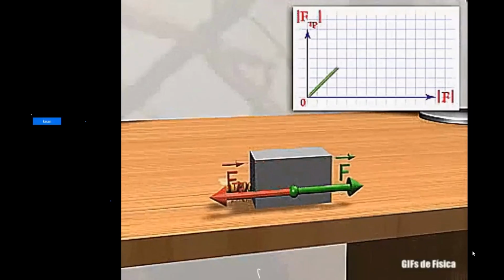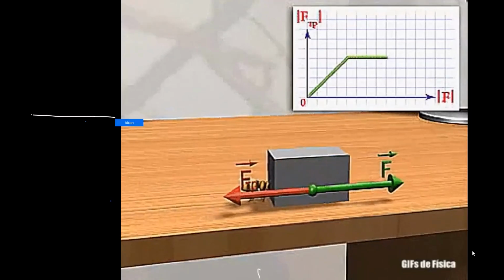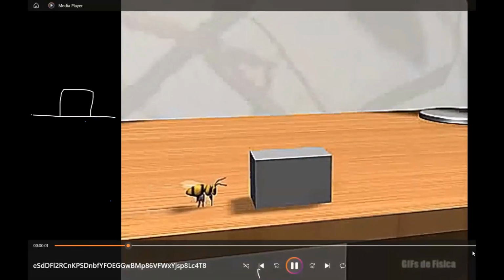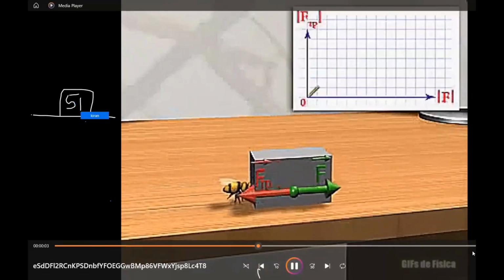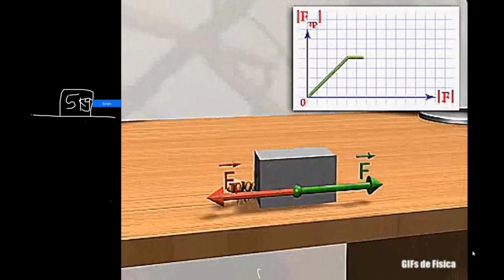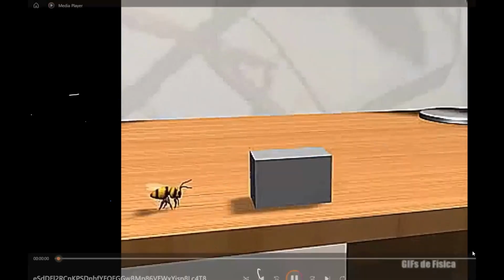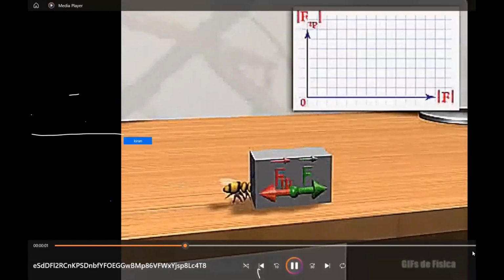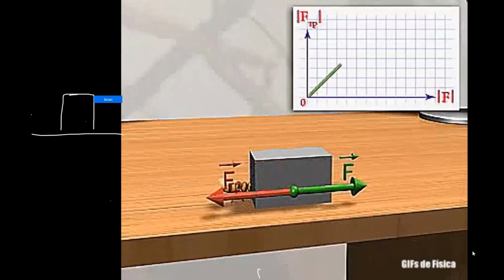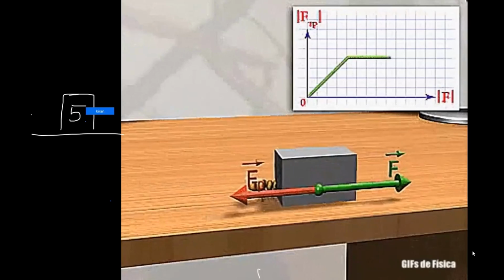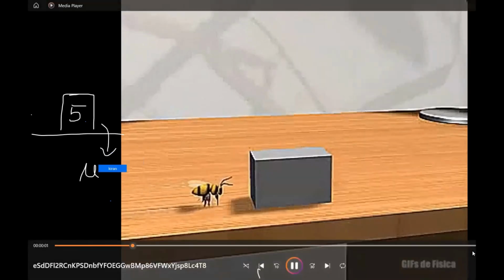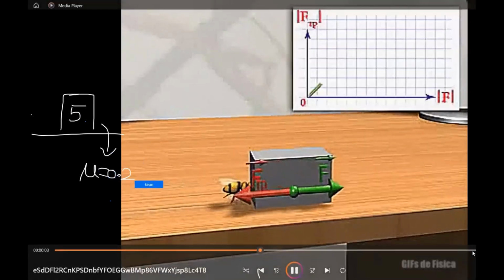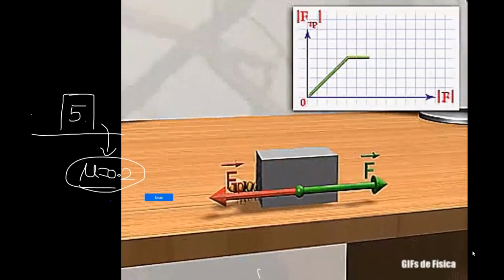Now I'll apply that concept first. I'll ask some questions. There is a 5 kg block resting on a surface whose coefficient of friction is 0.2.